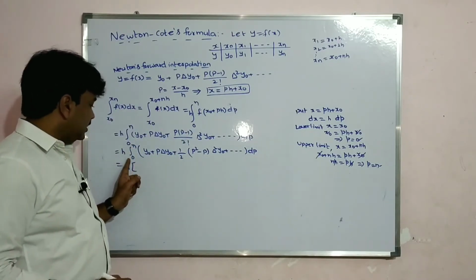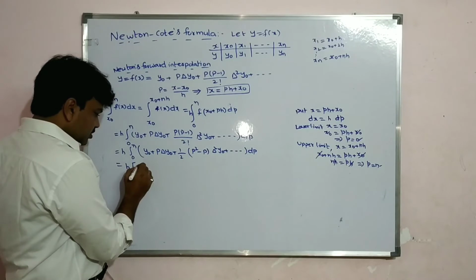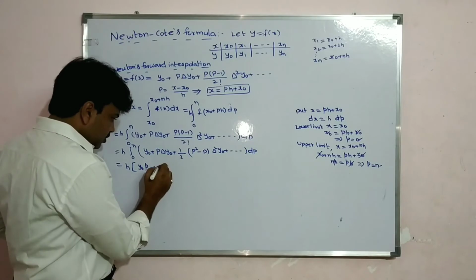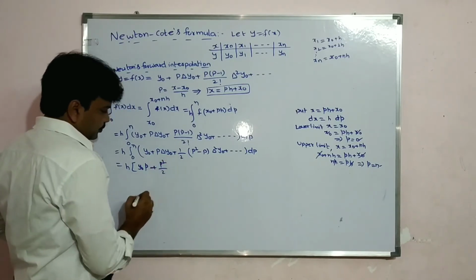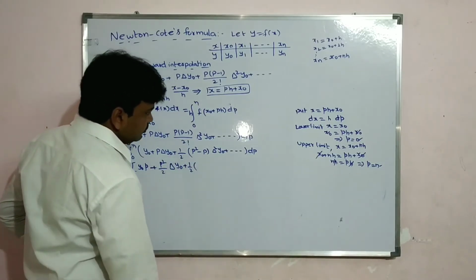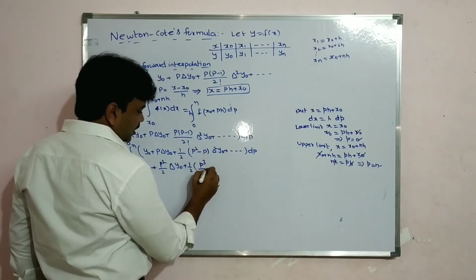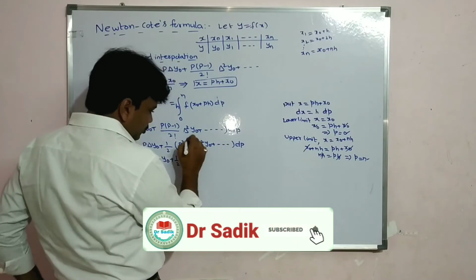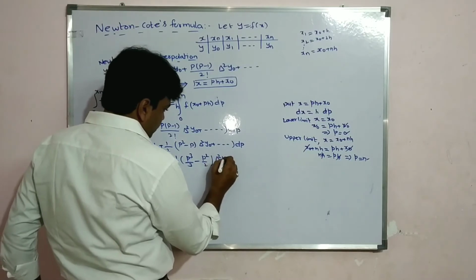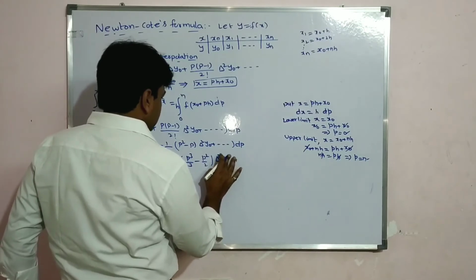So y naught is constant, so y naught into p, plus p square by 2 into del y naught, plus 1 by 2 into integral of p square, we get p cube by 3 minus integral of p, p square by 2, into del square y naught plus and so on.